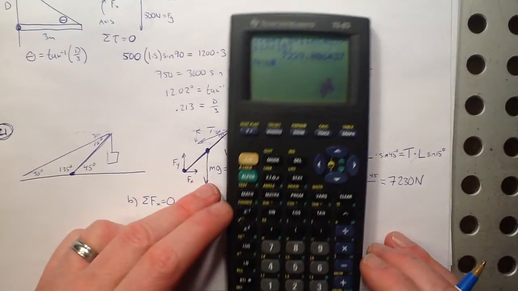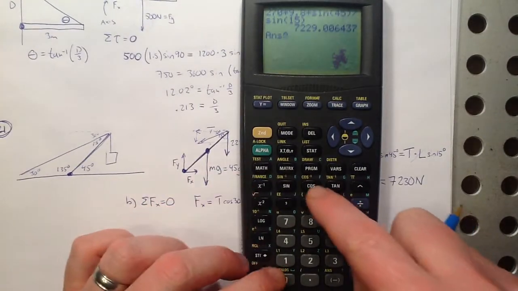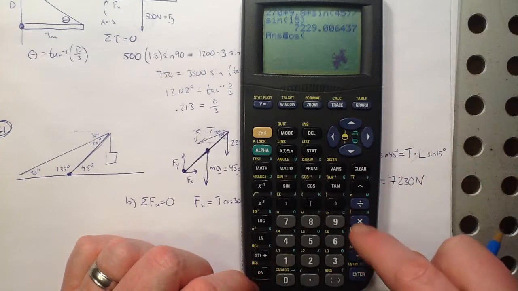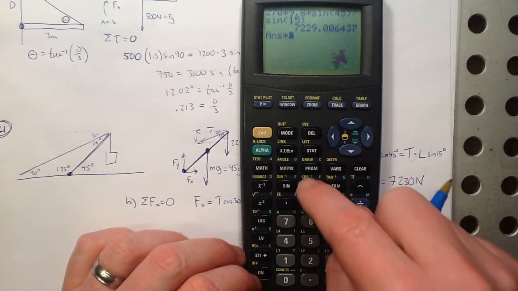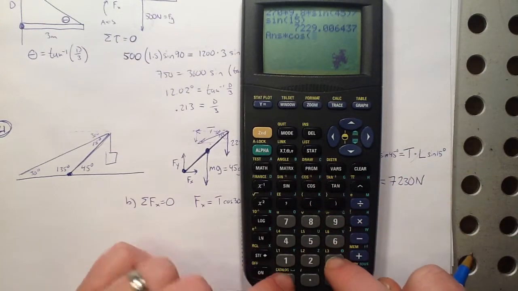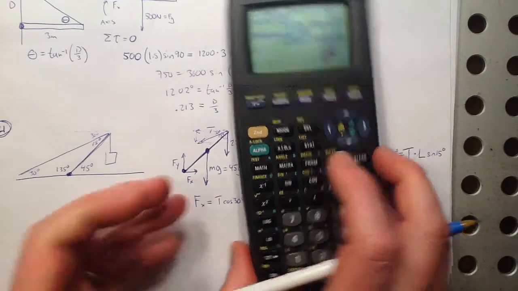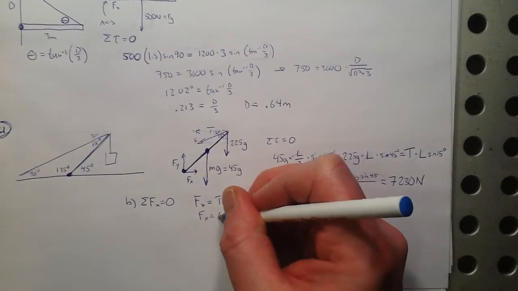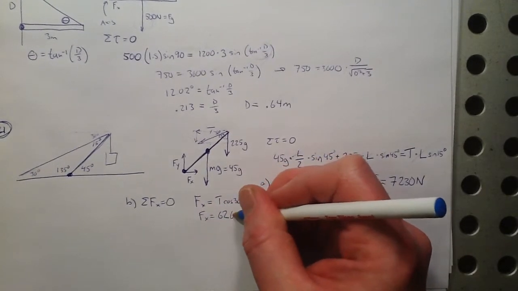And there's my force there, so there's my T. There's cosine of 30 degrees. So that's about 6,260 newtons.